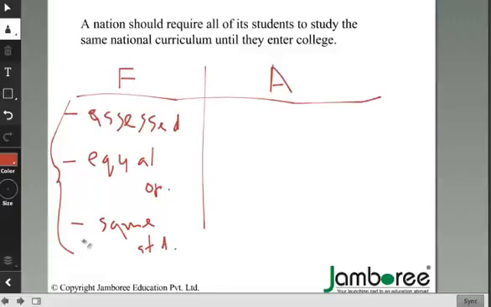Okay, Ravi is saying that it can be burdensome for some students. Some students may not be able to handle it. Let's say there are students who are bad in math, so they may not be able to handle the math curriculum.